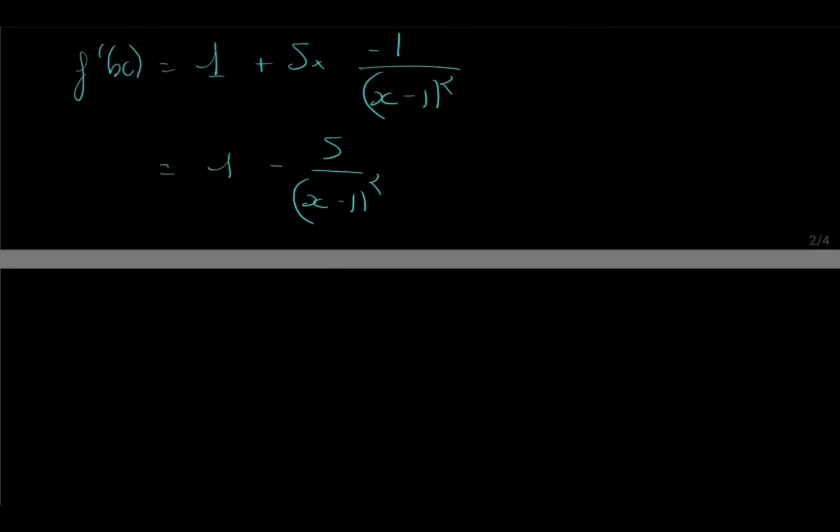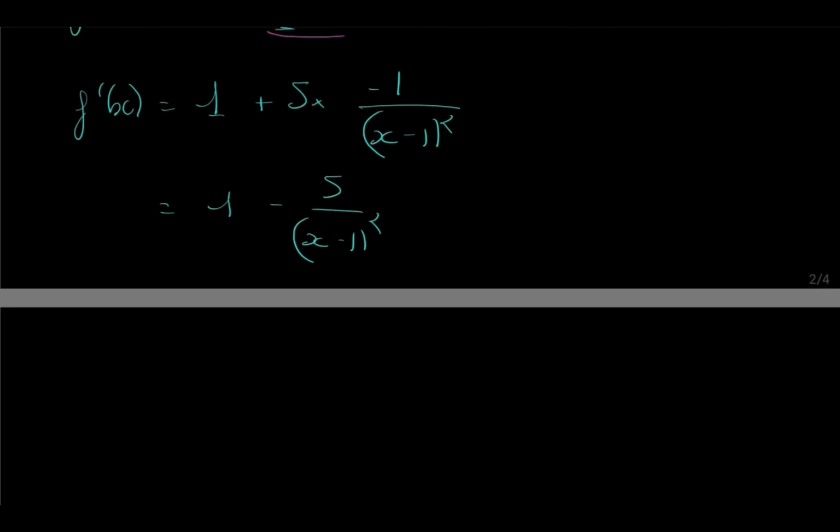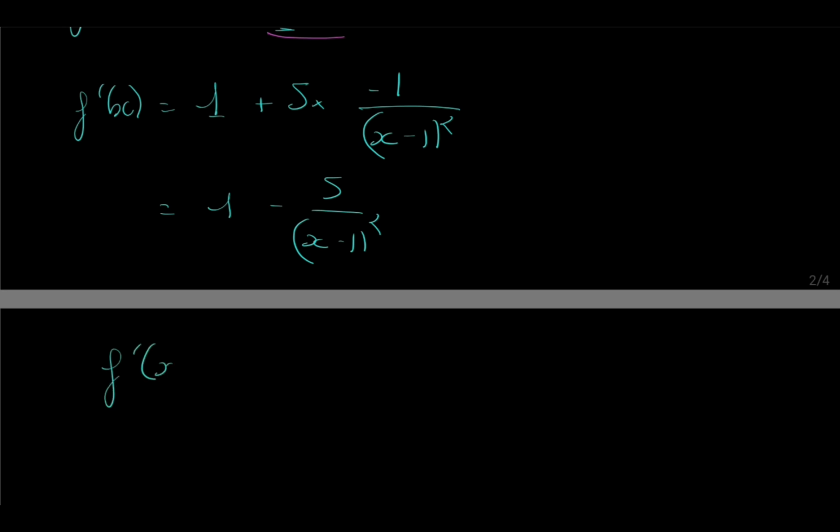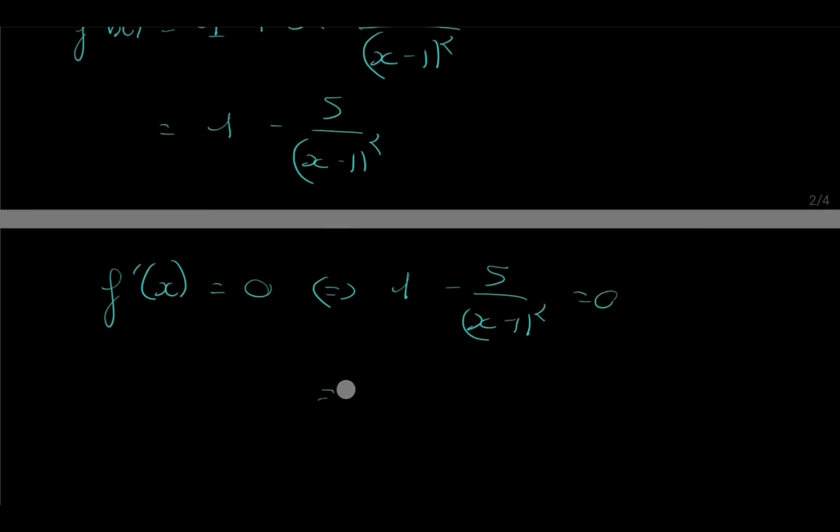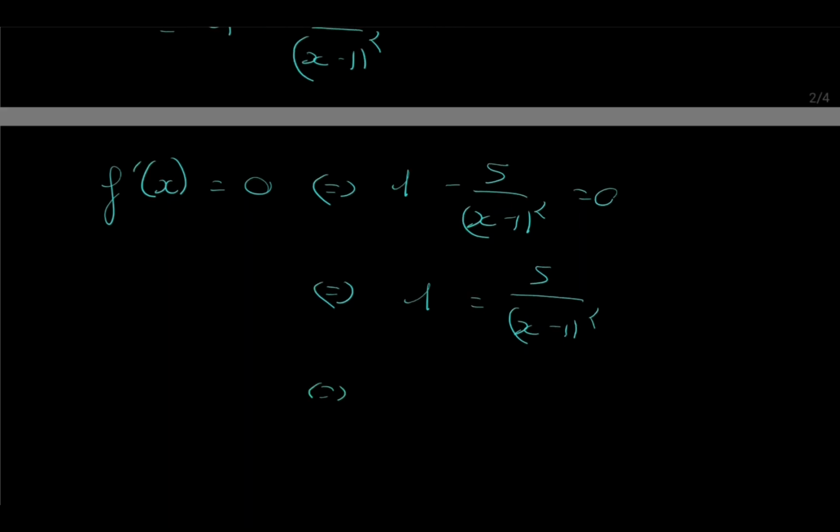Now let's study the sign of this expression. We want to find the values such that f prime of x is equal to 0, which is equivalent to 1 minus 5 over x minus 1 squared is equal to 0, which is equivalent to 1 is equal to 5 over x minus 1 squared, which is equivalent to x minus 1 squared is equal to 5.